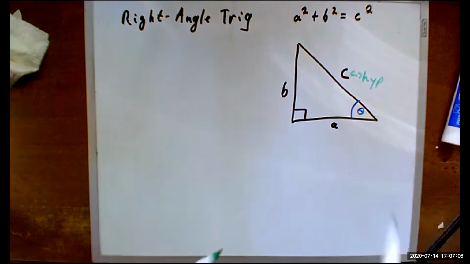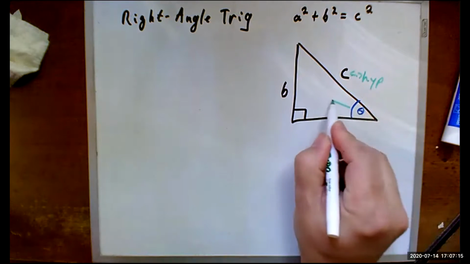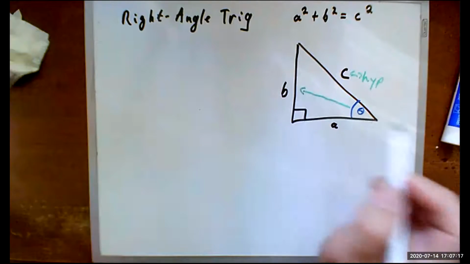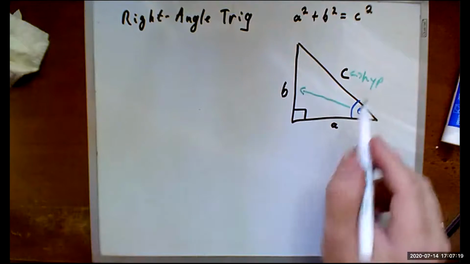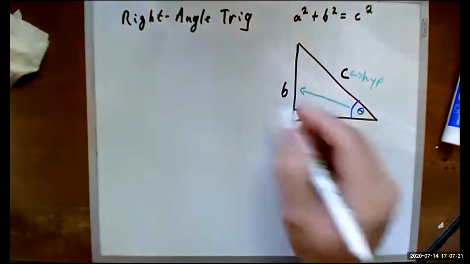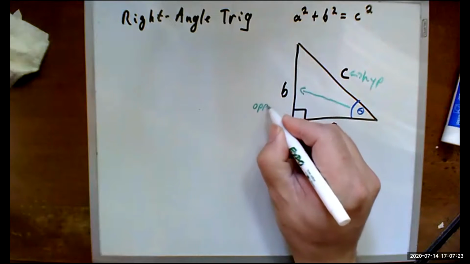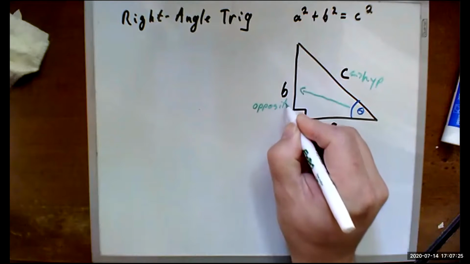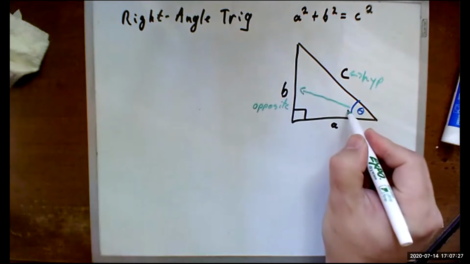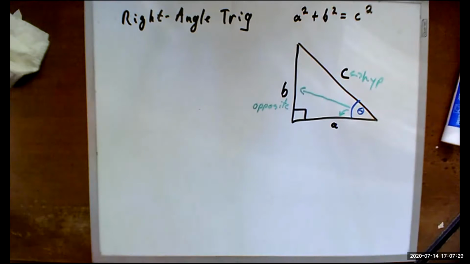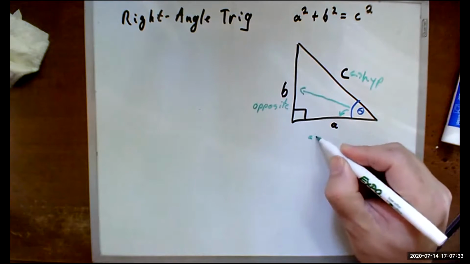Your other two, we label depending on where the angle is. The side farthest from your angle that is not your hypotenuse is called the opposite. The side that is right next to your angle that is not the hypotenuse is called the adjacent.